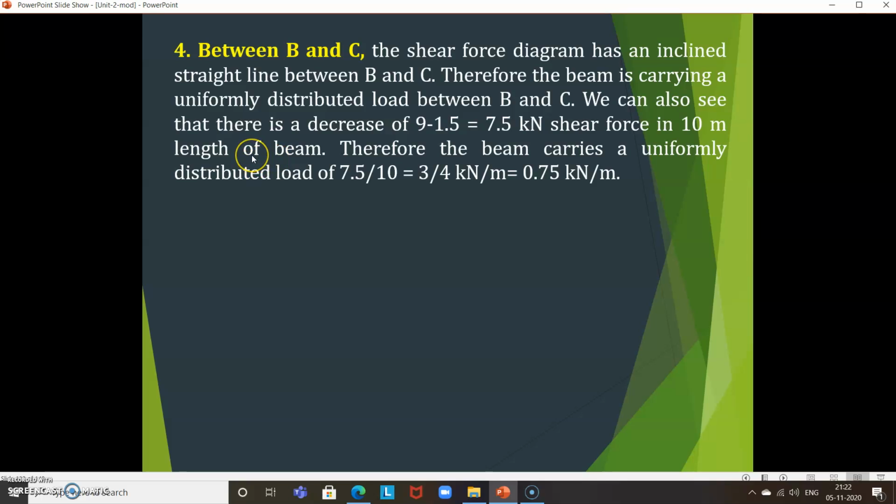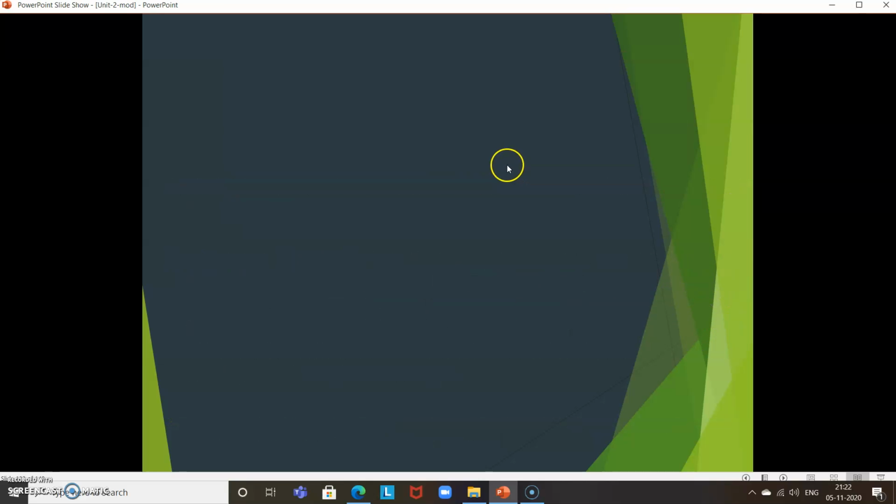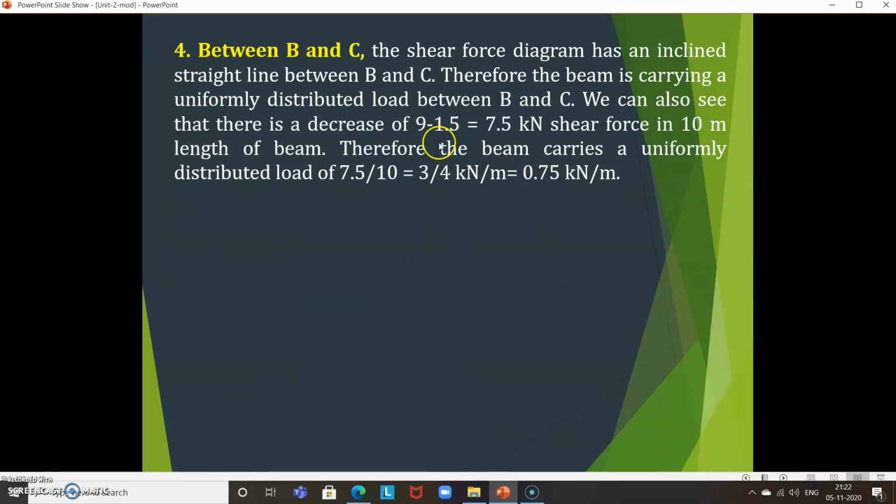You have to think that there is one uniformly distributed load in between B and C. There is also a decrease of 9 to 1.5. So 9 minus 1.5 is 7.5, in a length of 10 meter.